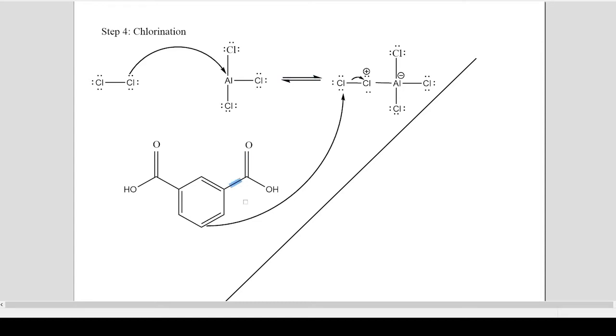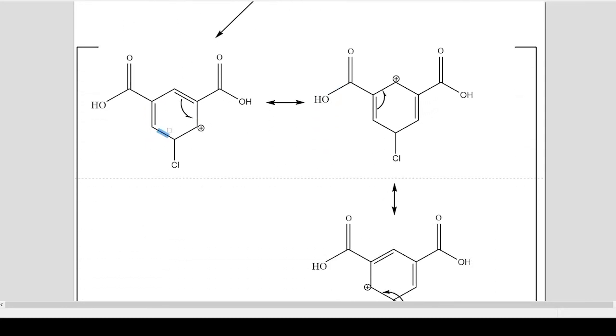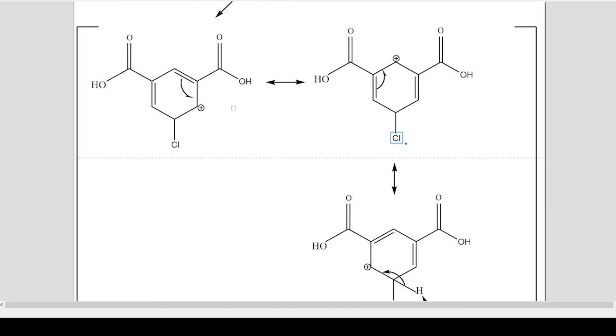The first step is the nucleophilic attack step. In this step, the aromatic ring functions as a nucleophile and attacks the electrophilic reagent, resulting in a sigma complex. This sigma complex has 3 resonance structures.